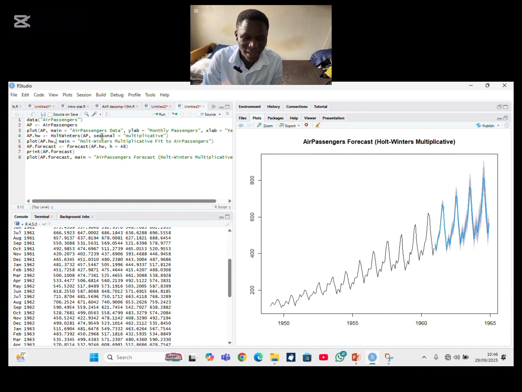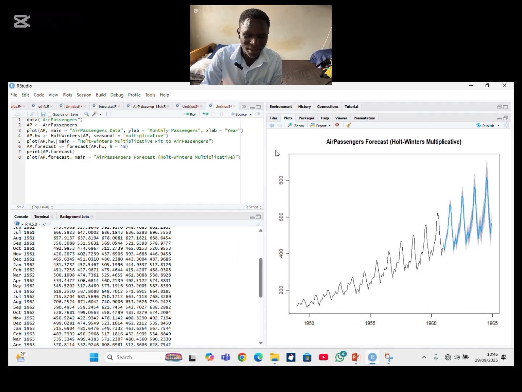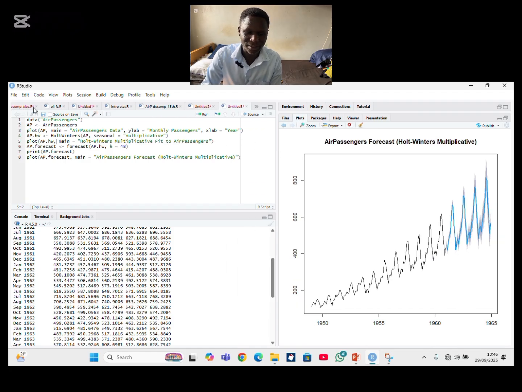Maybe just to show you what this code means. This first line of code loads our dataset, air passengers. We create our object AP from the air passengers. Then the third one plots the passengers dataset, the one we had previously.